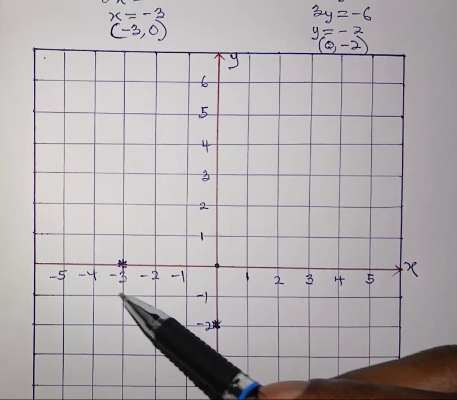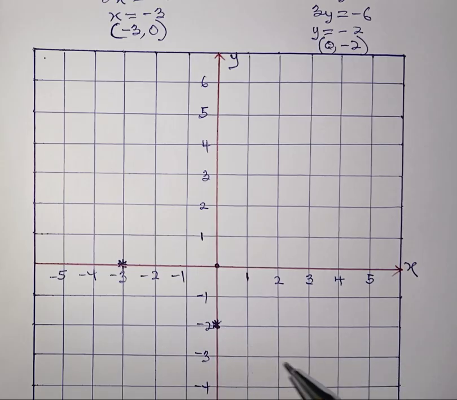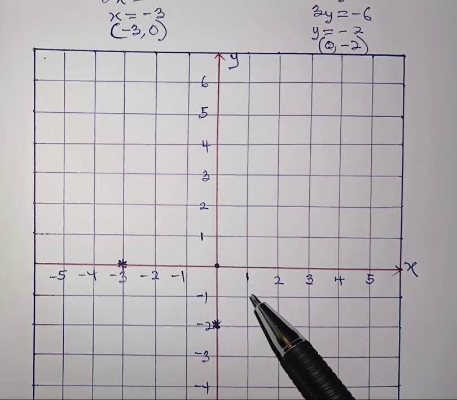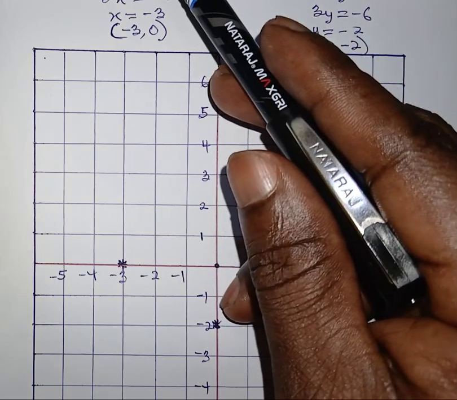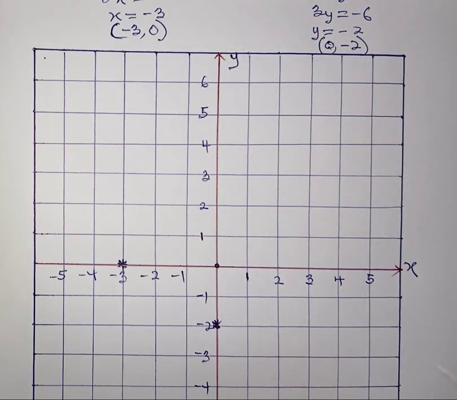There are times that maybe you may wish to get more points so that you get an accurate straight line. All that you do is you can pick any number from the x-axis and substitute into the equation. Whatever value that you get for y, then you use it to plot.